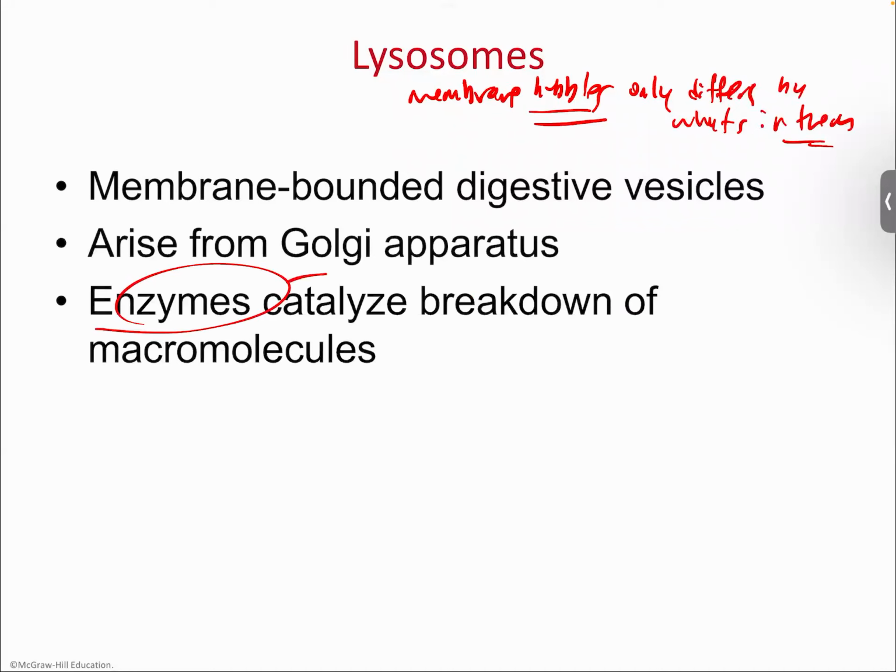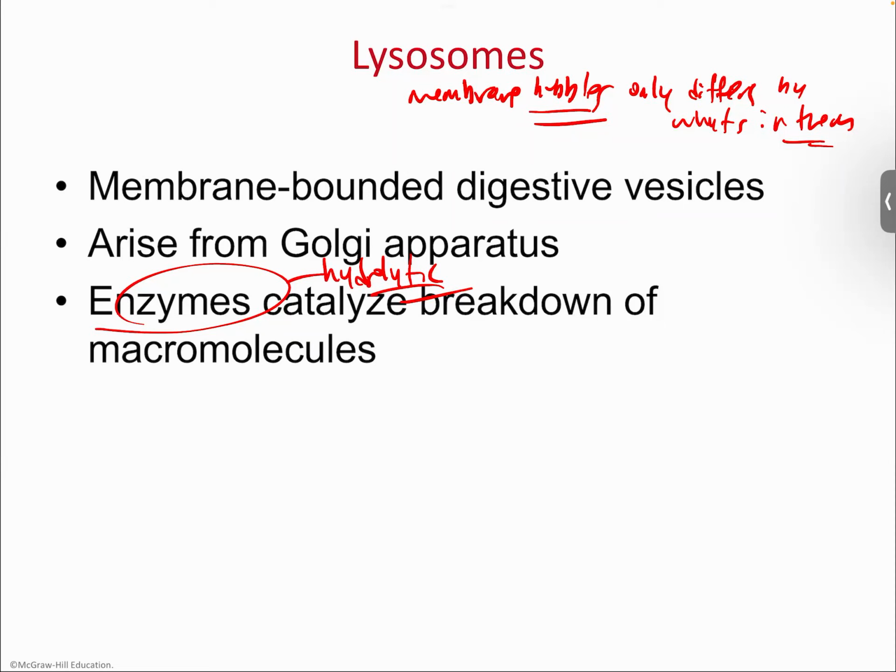Enzymes, hydrolytic enzymes that do hydrolysis, right? So basically what they're doing is they're breaking down macromolecules. Remember, that's one of the proteins that the rough ER is making. So in this particular case, the Golgi's job is to identify those hydrolytic enzymes and to put them separately into their own separate little membrane bubble. That becomes the lysosome. You hang on to that one, right?